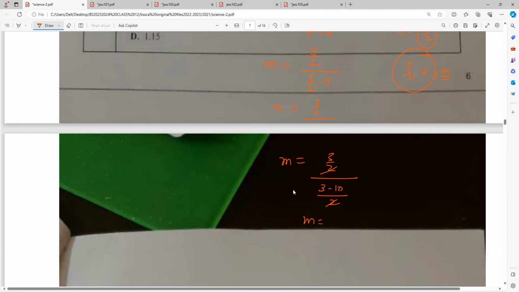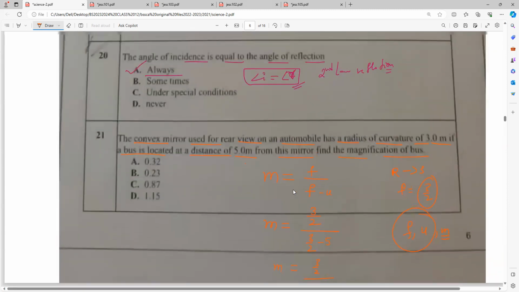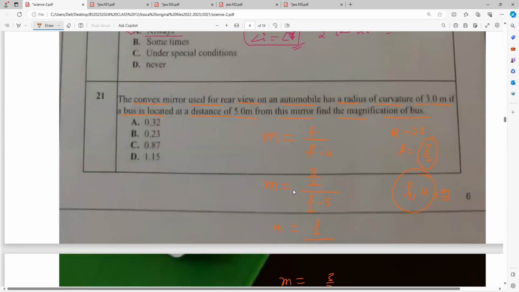Magnification should come positive, correct? But here it won't come. Anyhow, magnification is less than 1. Because it is a convex mirror, magnification is always less than 1, and it is a virtual, erect and diminished image. So magnification definitely should be less than 1, and it is positive.